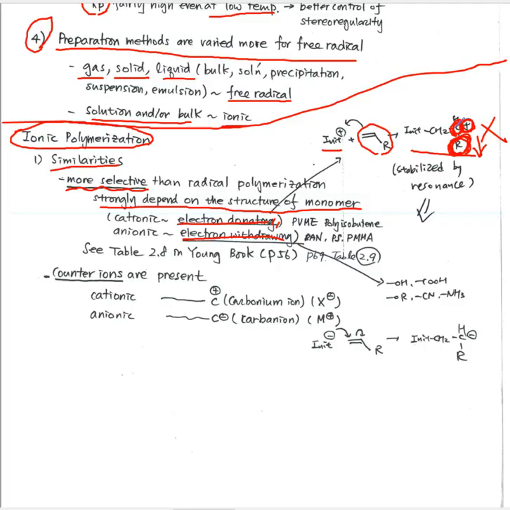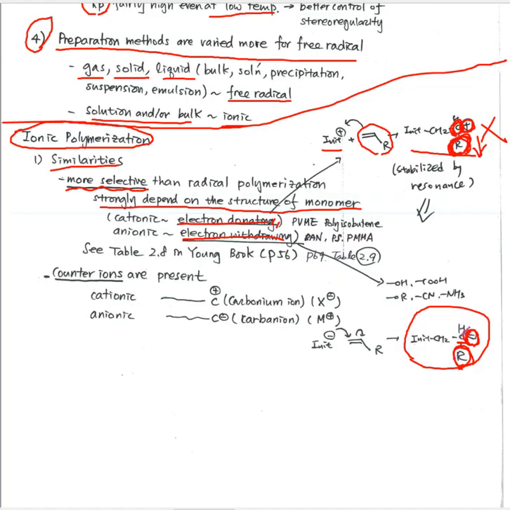Okay. Similarly, if you form, for example, an anion, a reactive active center of anion, this minus ion here, this R group should be electron withdrawing. There are enough electrons here. If this R group is electron donating, then this carbon already has much more electrons compared to other neighboring atoms, right?